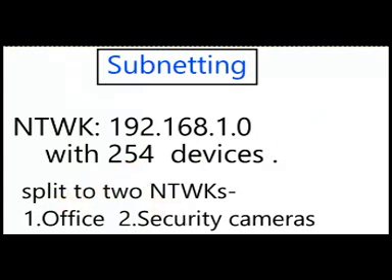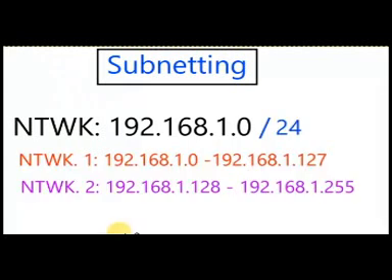So this is how this network will be split up into two. This is the original IP address of the network. This is the one we want to split into two. So here is the split.